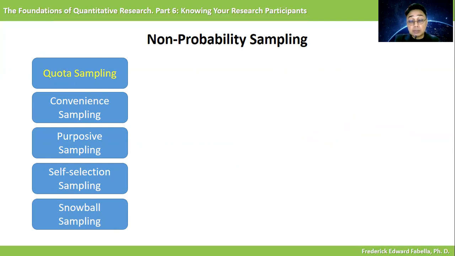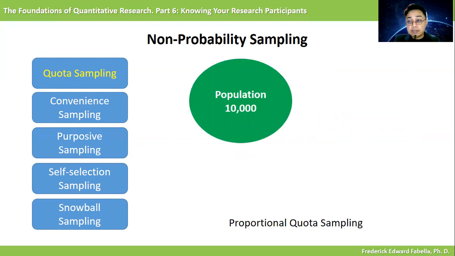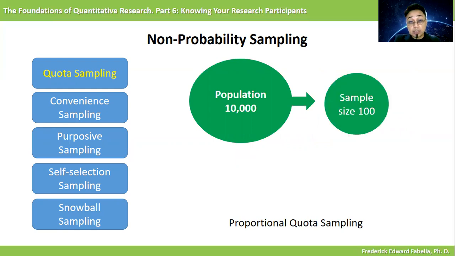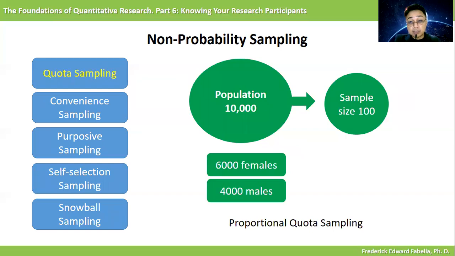We will discuss them one by one. Let's discuss first quota sampling. We will discuss what is called proportional quota sampling. Let's say you have a population of 10,000 and you only need a sample of 100. But you know that your population is composed of 6,000 females and 4,000 males.